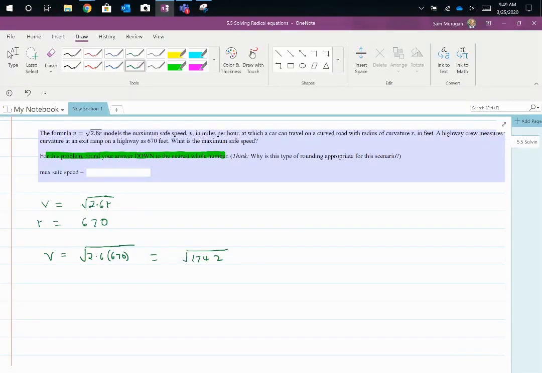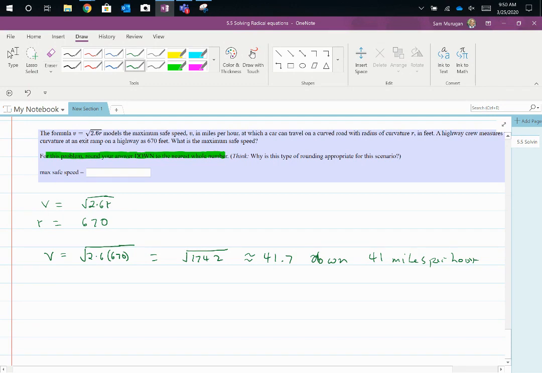This comes out to approximately 41.7. But if we approximate it down, it'll become 41, not 42, because they want us to approximate it down. So 41 miles per hour.